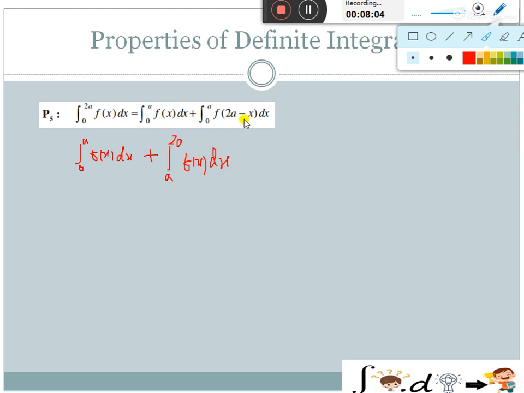In substitution, we have to consider 2a minus x is equal to t, and minus dx is equal to dt. Is it clear? And change the limits: when x is equal to 0, t is equal to 2a.